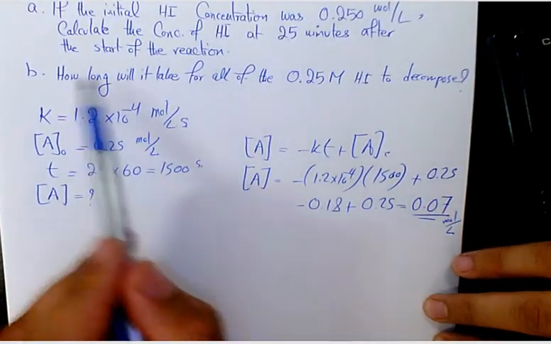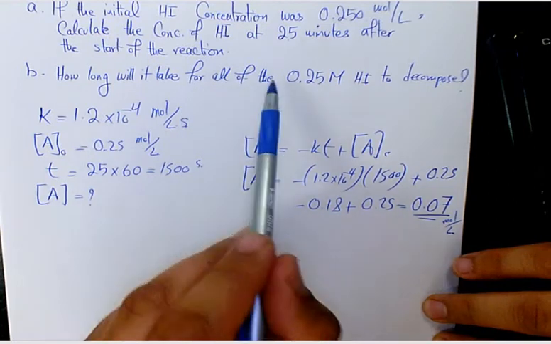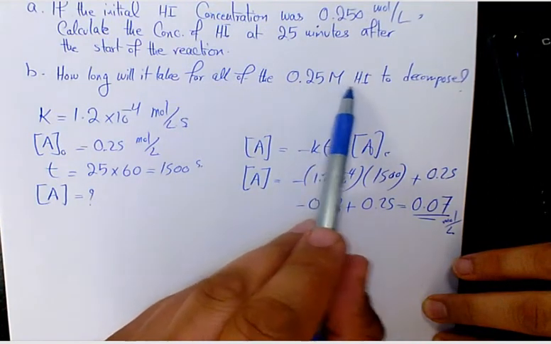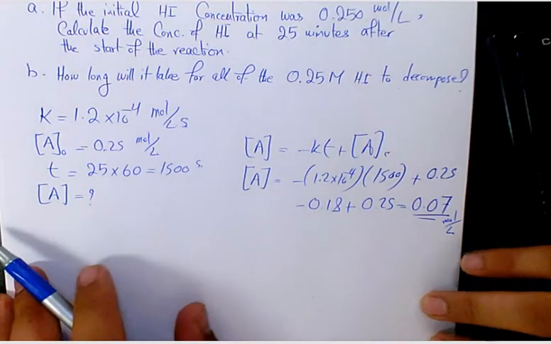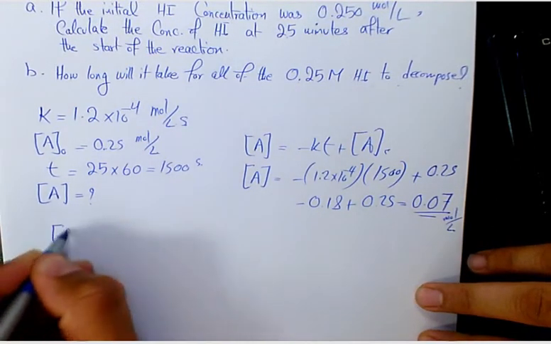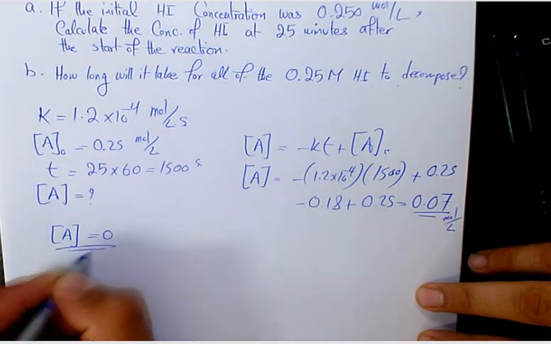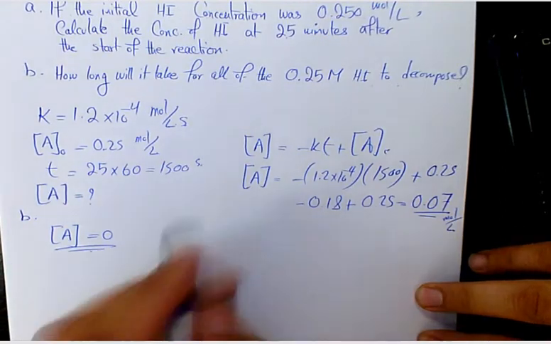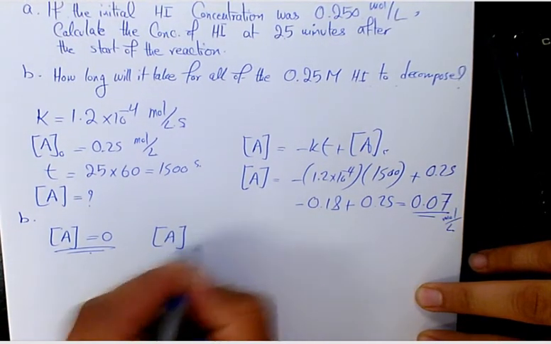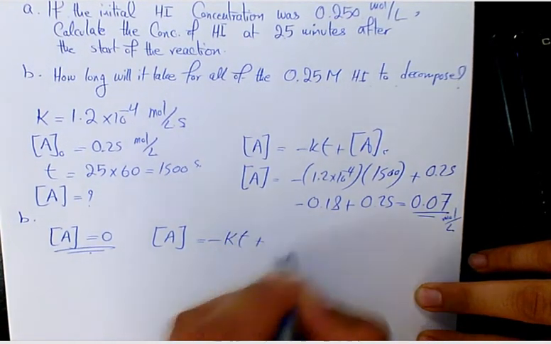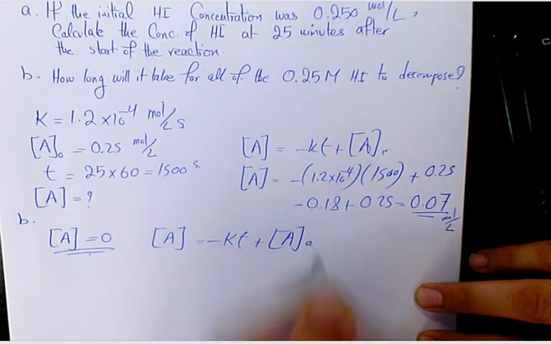Part B, it says how long will it take for all of the 0.25 molar HI to decompose. It means that when the final concentration is 0, A equals negative kT plus initial concentration.